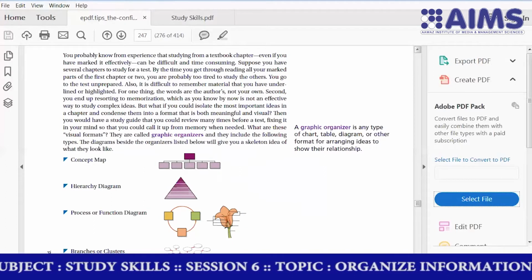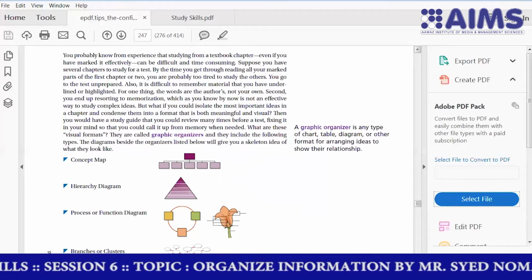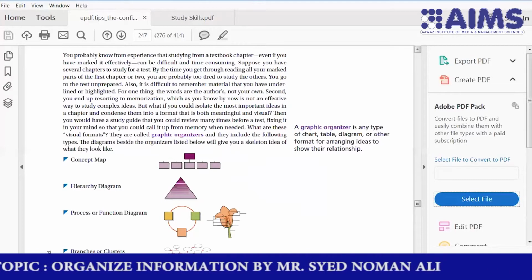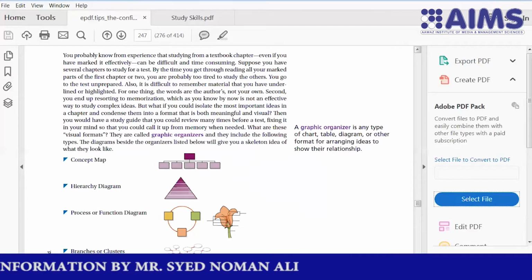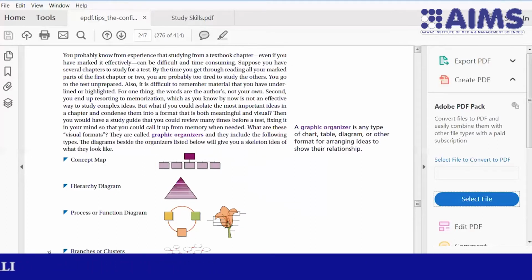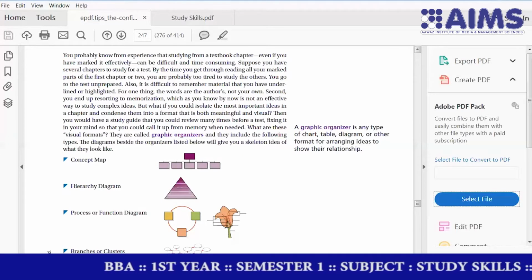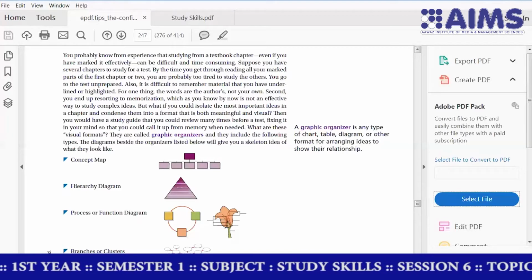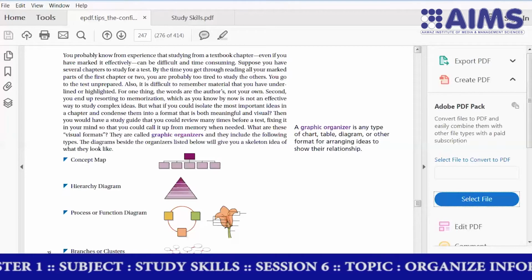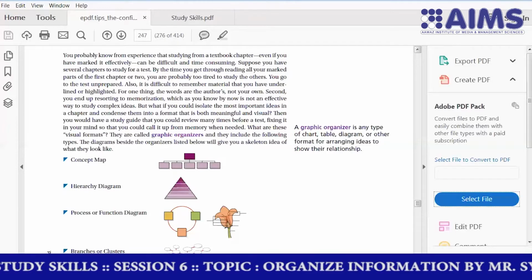Hierarchy diagram goes from top to bottom and bottom to top, different stages of process are there. Process and function diagram is where you present the stages that are interdependent and interconnected with each other, and also mention the parts. Branch or cluster diagram is very popular. The idea map, clustering of all ideas.